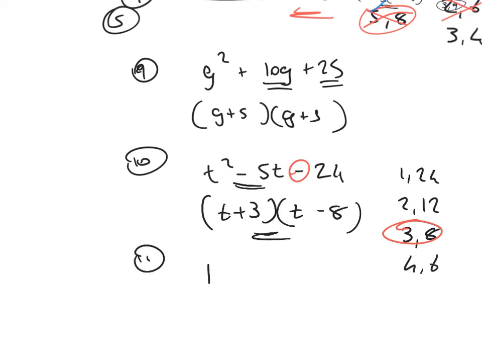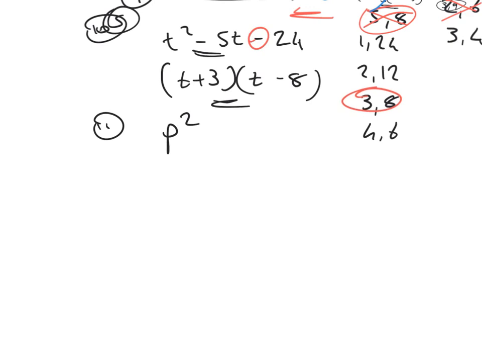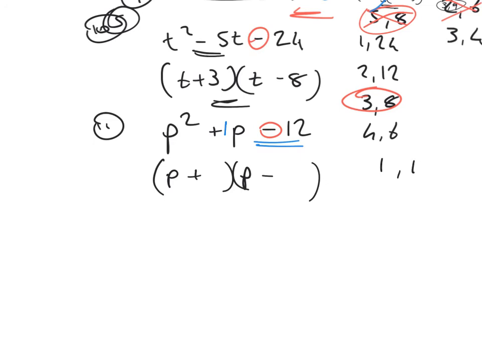Example 11. p squared plus p minus 12. Okay, the product is negative. The signs need to be different. So I'm looking for two numbers that multiply give minus 12 and add together to give 1, that's the 1 in front of the p.